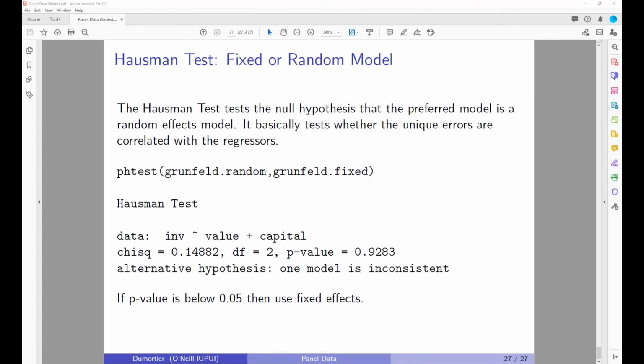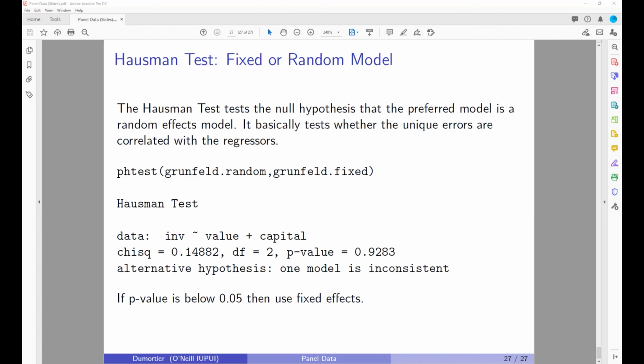We enter the two models. So note that in our case, I have called this b_hat_plm_random and b_hat_plm_fixed. It tests that the random effects model is better.